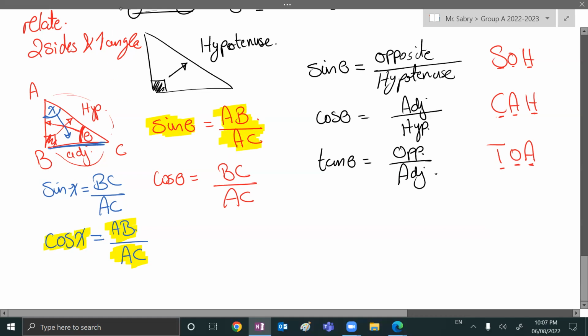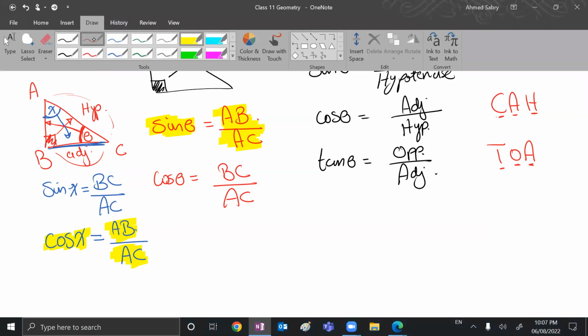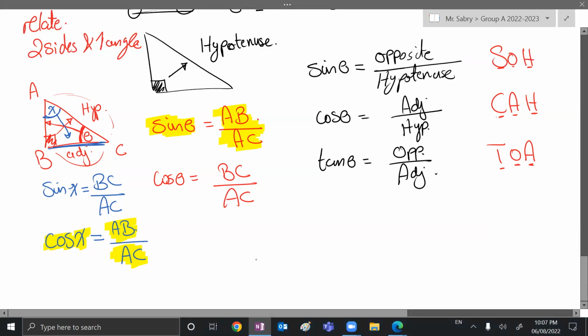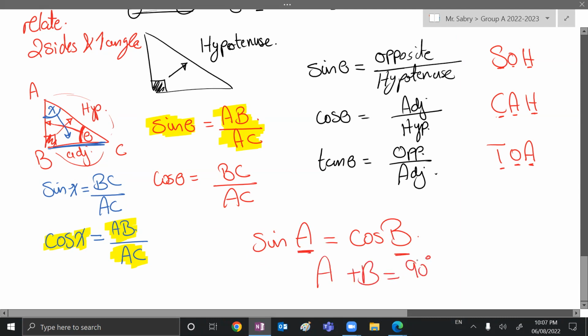So what does that say? It says that whenever we say that the sine of one angle is equal to the cosine of another angle, these two angles added together are equal to 90 degrees. This is an extremely important rule.